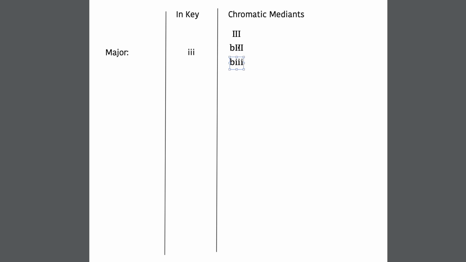possible third shift. I can't really do sharp 3 because that would put me on E sharp minor in this case, which would be enharmonic F minor. So I could, in theory, do it. I could write an E sharp minor chord, and when I looked at it on paper, I would say that is a chromatic median.